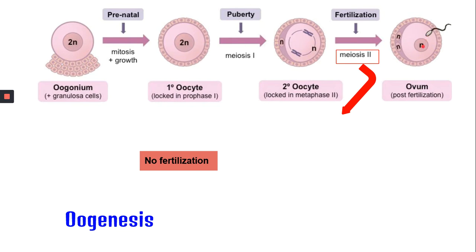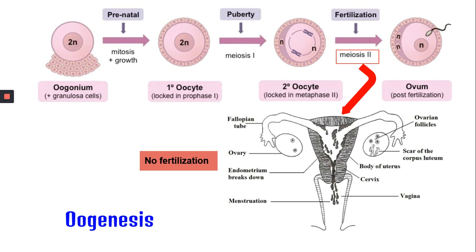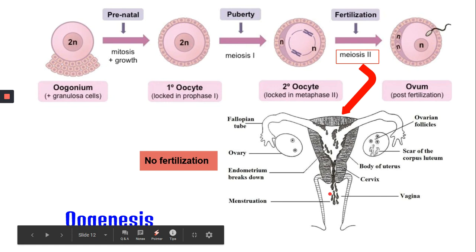But suppose the female did not have any sexual intercourse, so there's no sperm entry, and the secondary oocyte is waiting, has not completed meiosis 2. Then what happens? Then the girl goes through her menstruation, so that the secondary oocyte doesn't implant and it is just sloughed or flushed out from the uterus along with the menstrual blood.